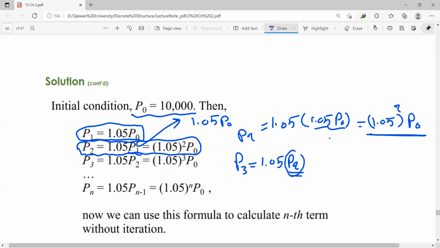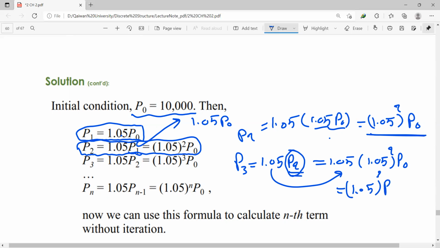We replace it, so here you have 1.05 times 1.05 squared P0. It equals 1.05 cubed P0. When we say x times x, it equals x squared. How about x times x squared? It equals x cubed. Here, x denotes 1.05.